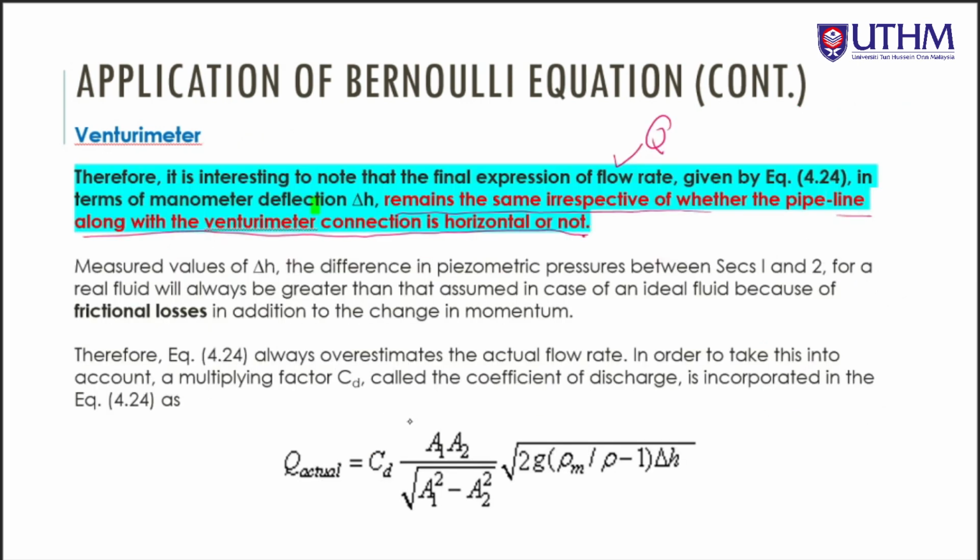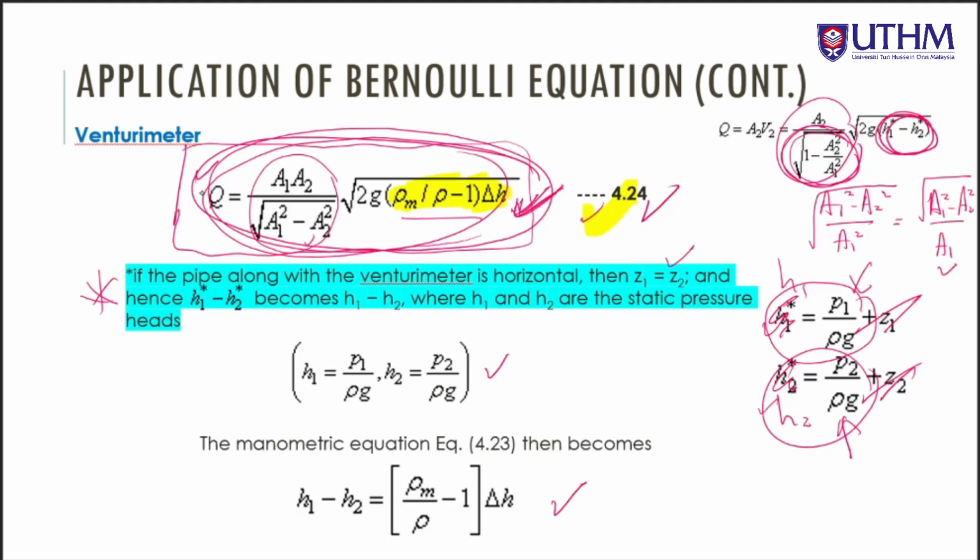Okay, so ini biasalah they add on the multiplying factor CD dekat equation flow rate yang tadi tu. Okay, untuk if let's say kita consider the actual flow rate kan, dia kata Q actual. Okay, yang tadi ni adalah Q ideal lah, sebab kita consider no losses kan.